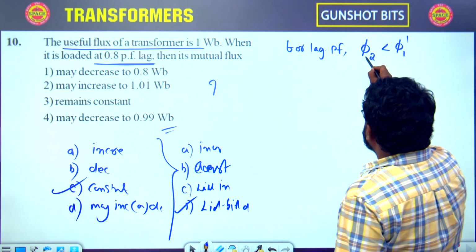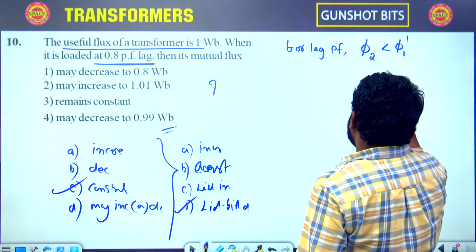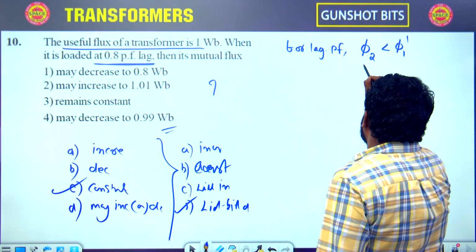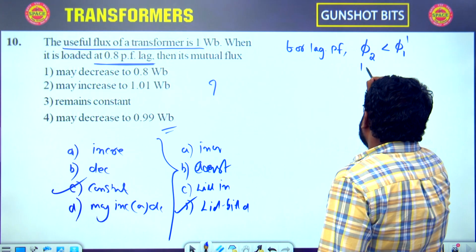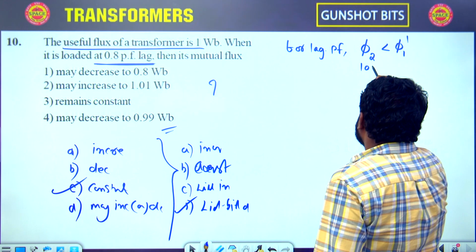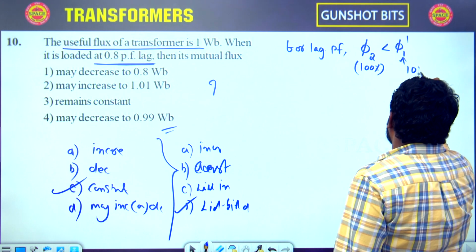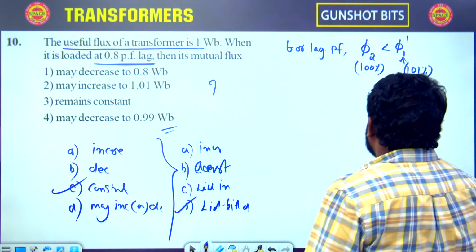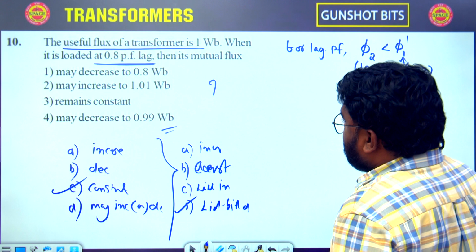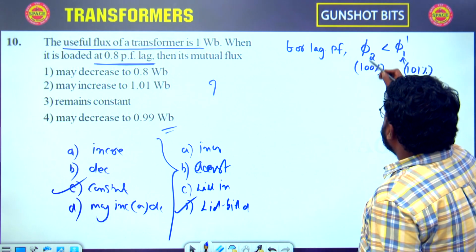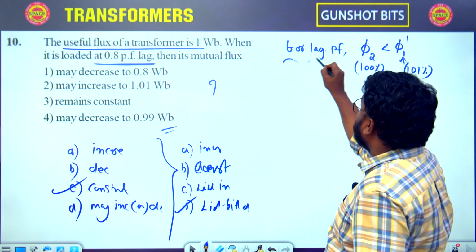So the secondary flux is less as compared to phi 1 dash. For example, this is 100% of the flux, and this one is 101% of the flux. So now this is 100% and 101% of this part. So phi 2 is more for lagging power factors.